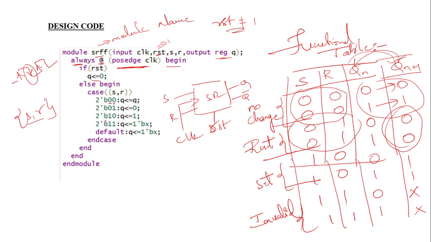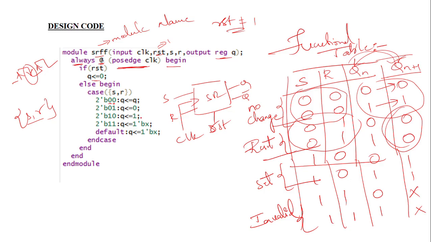In the previous video, when I explained the sequential circuit code, SR latch and so on, I discussed these non-blocking and blocking statements. In upcoming videos I will definitely explain the difference between blocking and non-blocking.